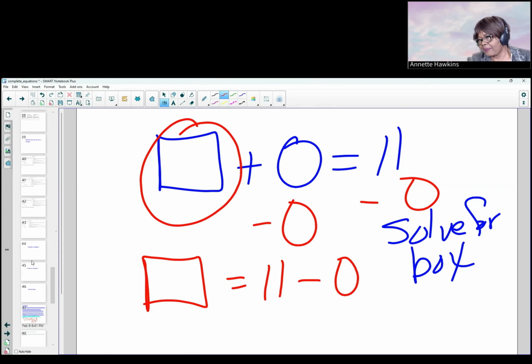Okay, let's go to word problems, and we have to pay attention to keywords. If we want to add, we're going to see the word add, more than, increase by, plus, and sum. These keywords mean to add.